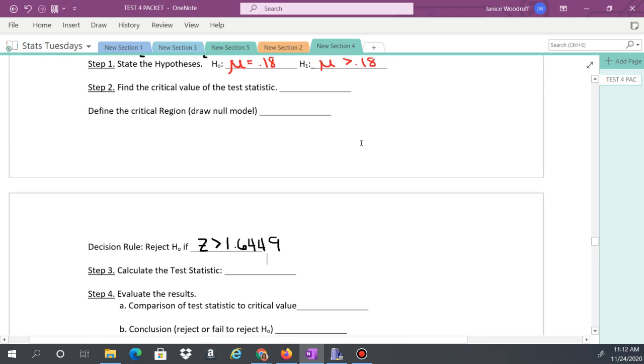So just to fill in these two blanks here, the critical value is 1.6449. We get that from doing inverse norm, and then you had 0.95, 0, and 1. And then we had a right-tailed test.